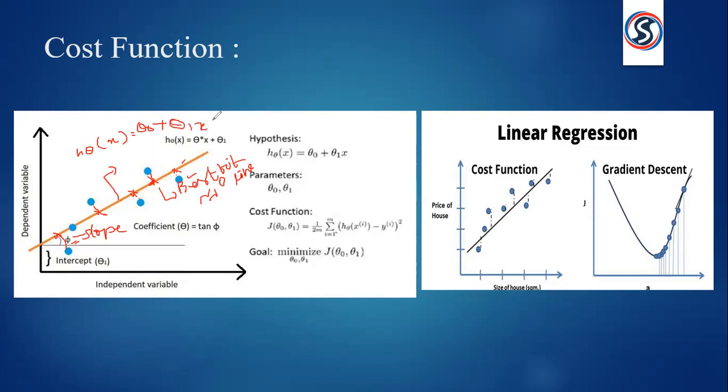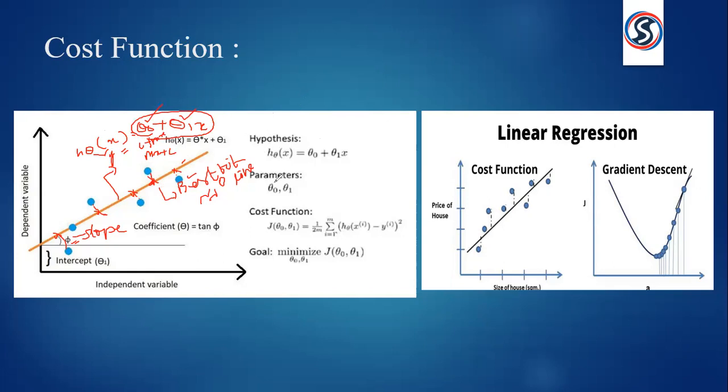If this is my y, my predicted point, this is nothing but c plus m into x, or I can write it as mx plus c. So this notation I have just changed according to the machine learning convention: mx plus c is written as theta 0 plus theta 1 into x. So basically we interchange the theta 1 and theta 0 values.